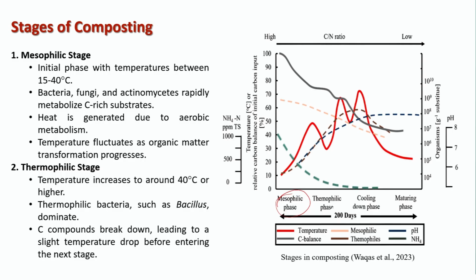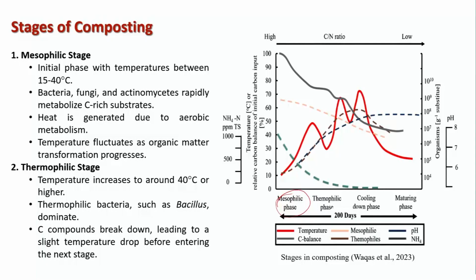Bacteria, fungi, and actinomycetes rapidly metabolize the carbon-rich substances, the carbon bonds in cellulose, hemicellulose, and lignins, which are being converted. Heat is generated due to this metabolism, and temperature fluctuates as organic matter transformation progresses.